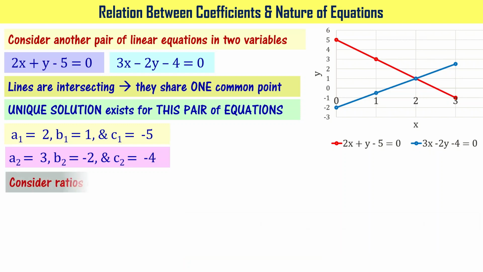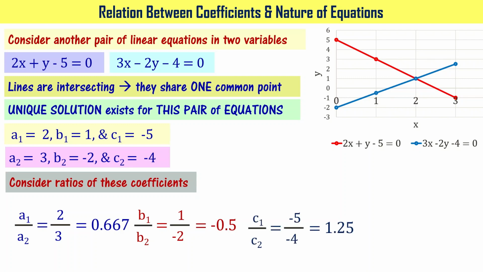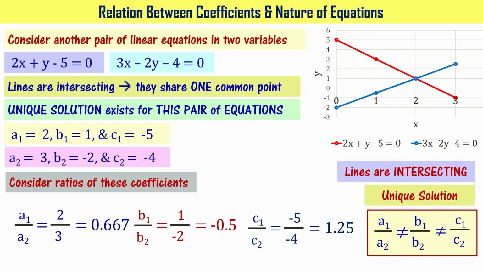Let's take the ratio of these coefficients. a1 by a2 is 0.667, b1 by b2 is minus 0.5, and c1 by c2 is 1.25. So now we can write a1 by a2 is not equal to b1 by b2, which is not also equal to c1 by c2, right? When you have intersecting lines, the solution is going to be unique and the coefficients relate as a1 by a2 not equal to b1 by b2, not equal to c1 by c2, right?